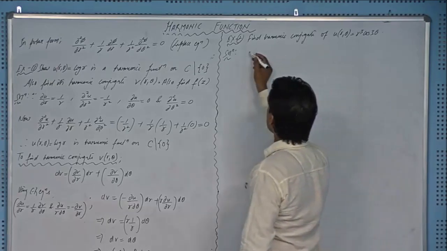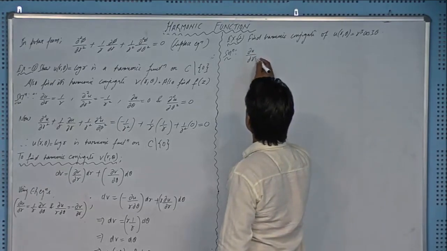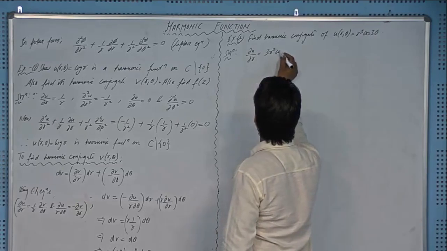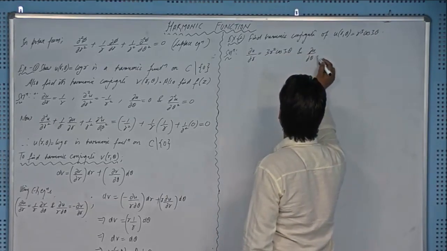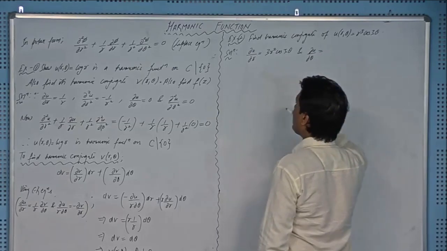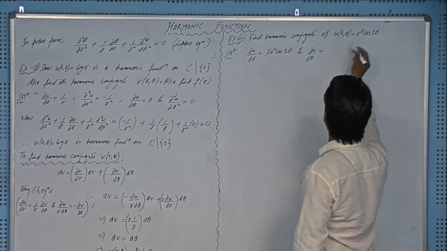So first finding del u over del r, that will be I think 3r square cos 3 theta, and then finding del u over del theta, right? Am I right? And that will be equal to how much?